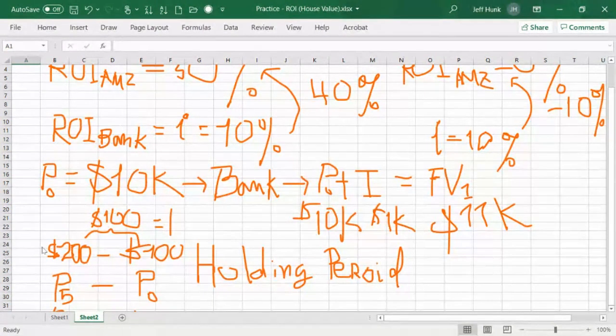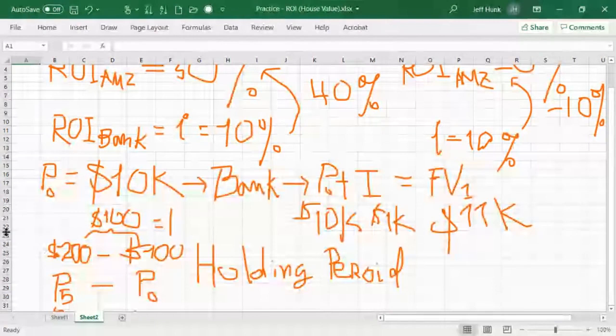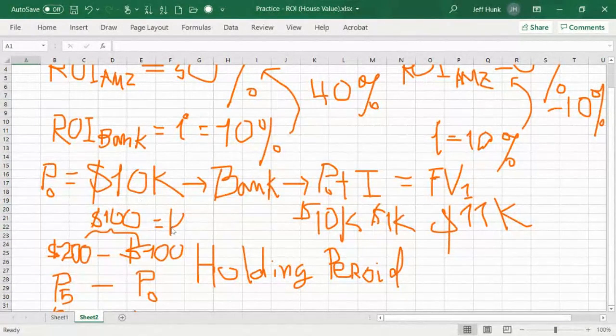No, return on investment is a percentage. Return on investment is the rate. It's not a dollar value. Return on investment is always in terms of rate, so it's always a percentage. If it is in dollars, it's called capital gains. Okay, everyone? Yes, that is called capital gains.